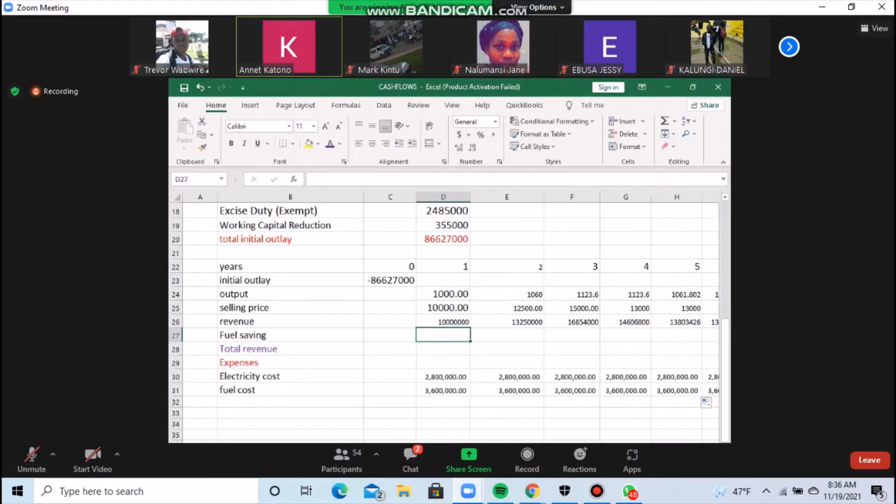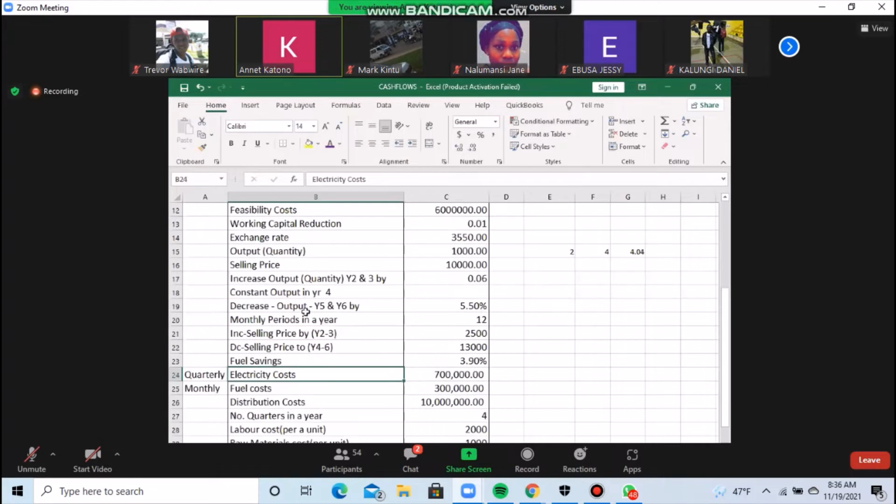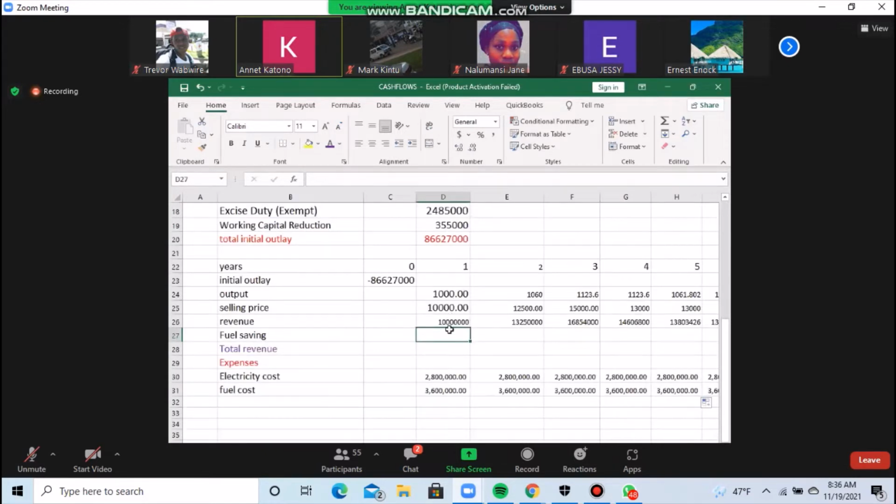They are telling us in the question that the fuel saving is 3.9% of the fuel cost. So go back to your initial cash flow sheet and just get that saving. That it is 3.9% of the fuel cost. So equal sign.